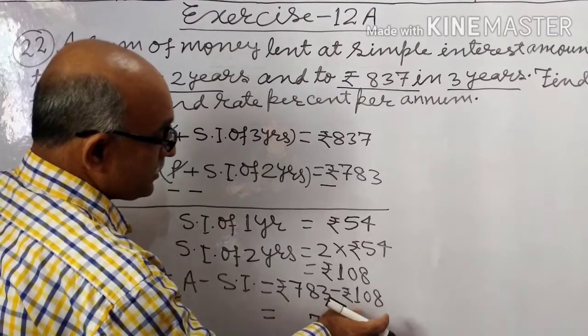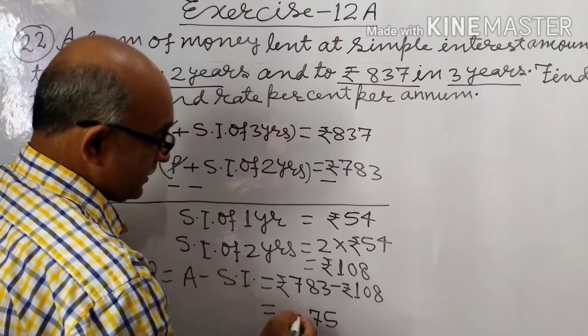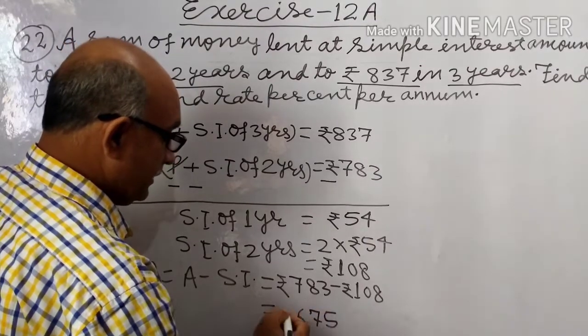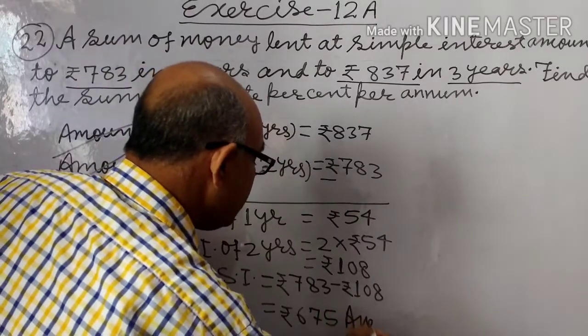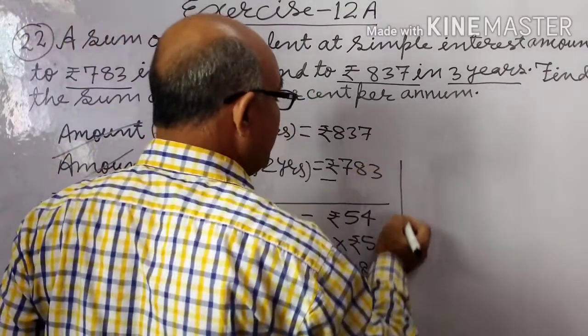And 7 minus 1, 6. Rupees 675. One answer.